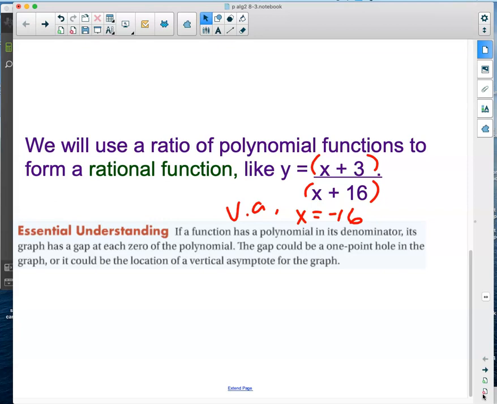And what are a lot of things that we can know about this graph before we put it in the graphing calculator? Because when we have parentheses going and what we have to put in the graphing calculator, people make mistakes. Sometimes people forget to put the parentheses in. They get a graph that's totally wrong. And if they don't know any of the things that were supposed to happen, they're not going to know that their graph is wrong. So we want to make sure we can do parts of this by hand.